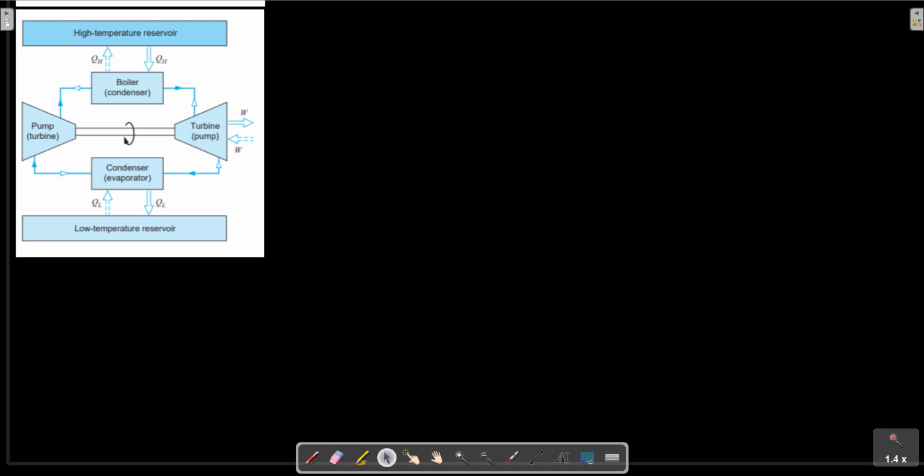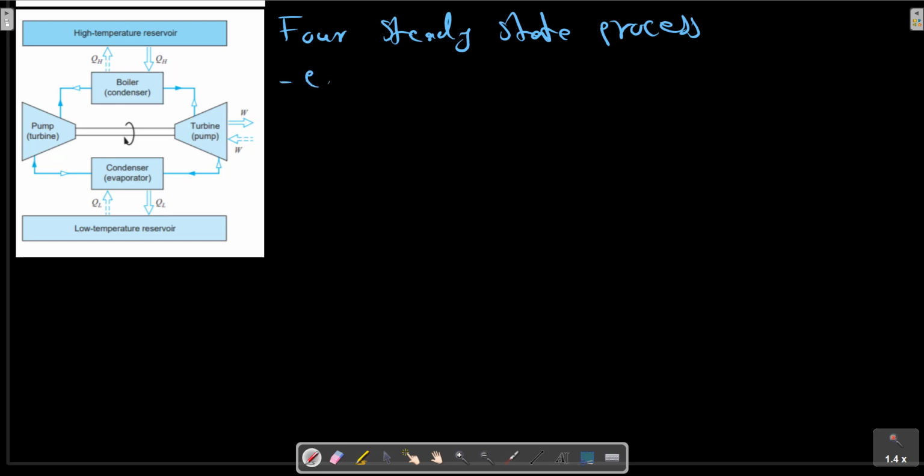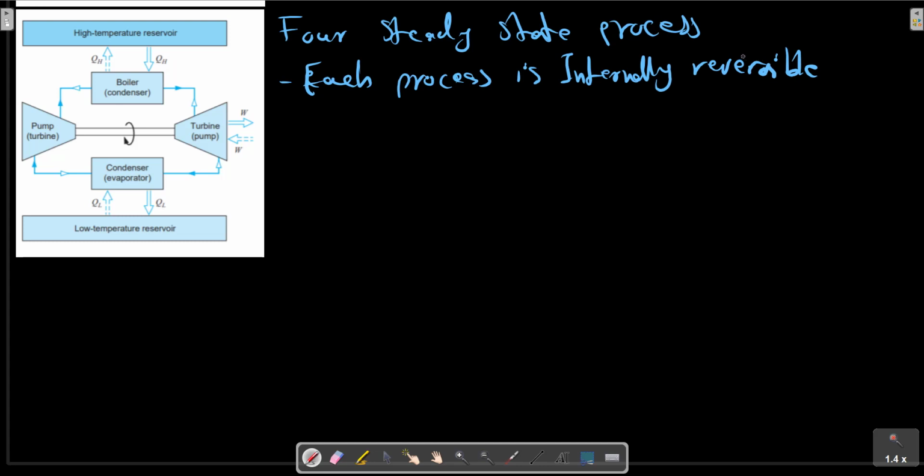For the steady-state process shown, we assume that each process is internally reversible and has negligible change in kinetic energy and potential energy, approximately zero, which results in the work for each process being given by the equation W equals minus the integral of VdP.